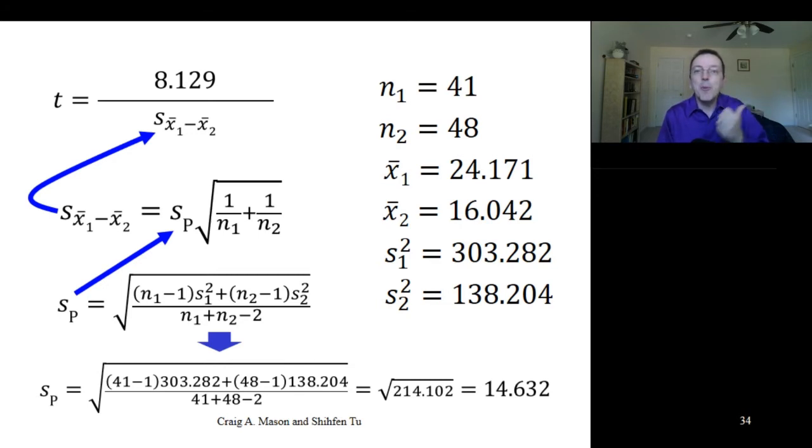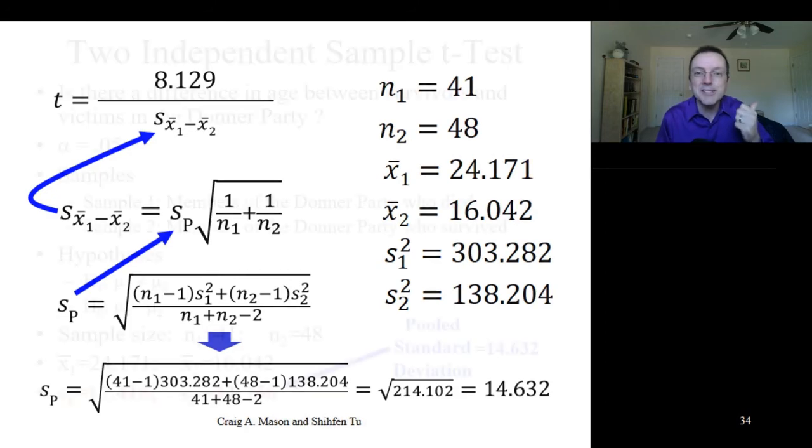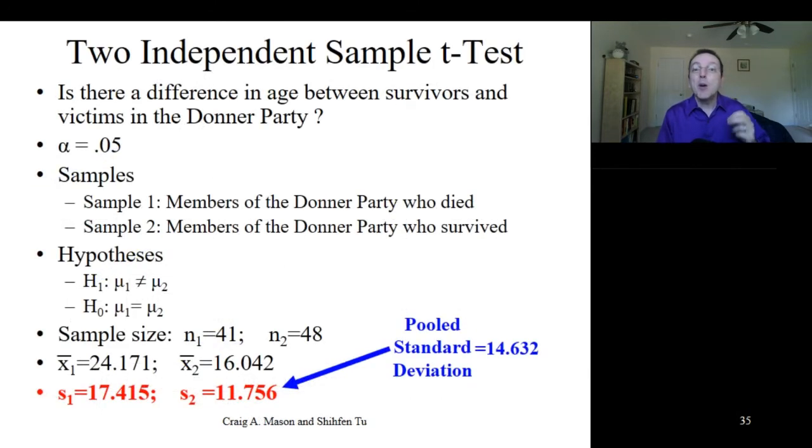If we go back to our initial description of the samples, we see that the pooled standard deviation of 14.632 falls in between the two sample standard deviations. Again, it's a quick way to check that you haven't made an error. If the pooled standard deviation is larger than both or smaller than both, you know you've made a mistake. Don't just ignore it. Okay? I've seen students do that.